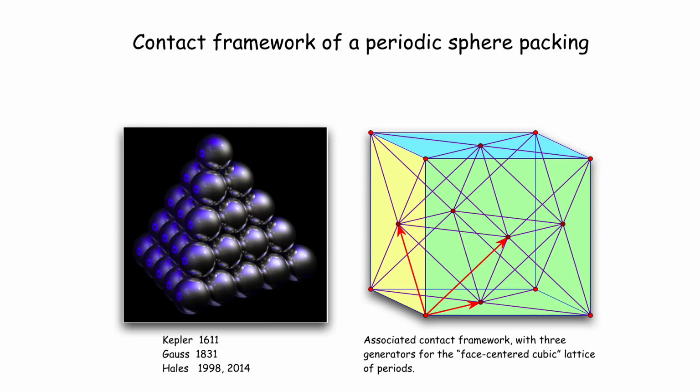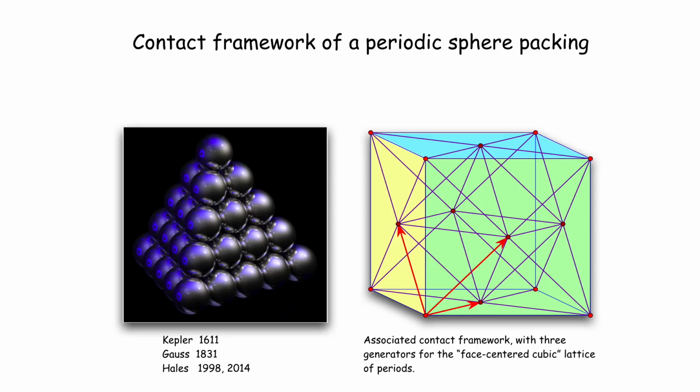On the right, we see what a mathematician would do with the structure. You take into account the contact graph. So each sphere is considered as a node or vertex. If two spheres are in contact, you put a bar between them.